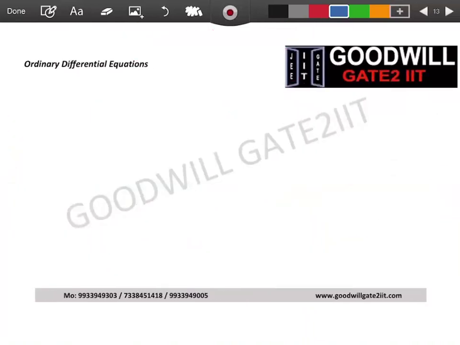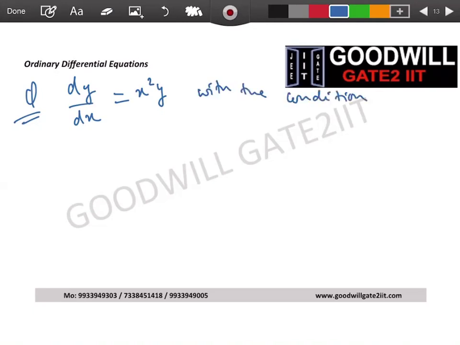Fine. So the question is: the solution for the differential equation dy by dx equals x square y, with the condition that y equals 1 at x equal to 0, is dash.